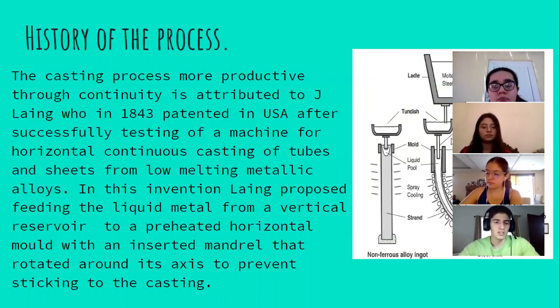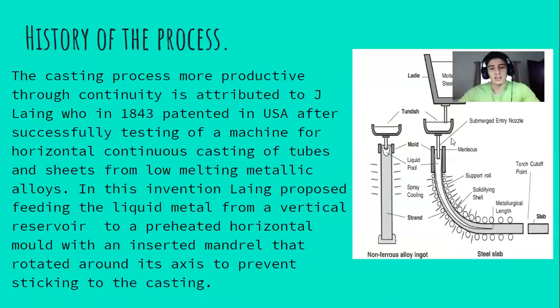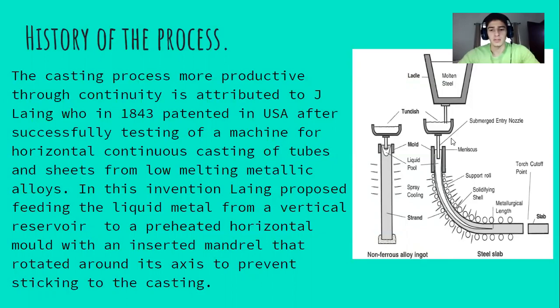In this invention, Lang proposed feeding the liquid metal from a vertical reservoir to a preheated horizontal mold with an inserted mandrel that rotated around its axis to prevent sticking to the casting.